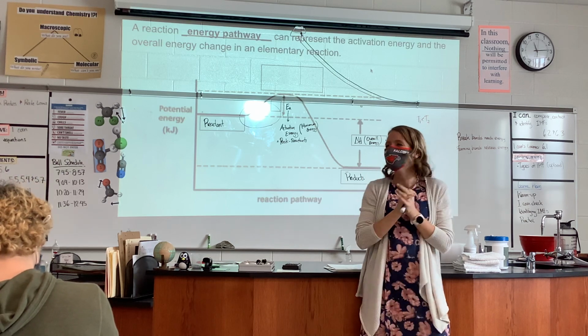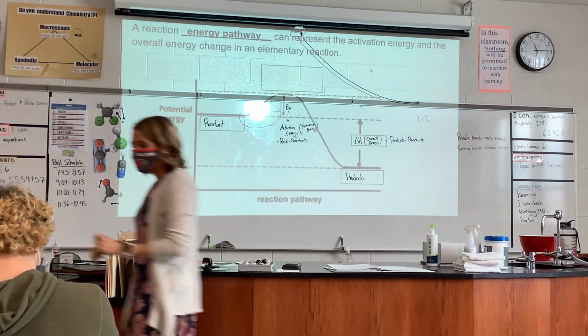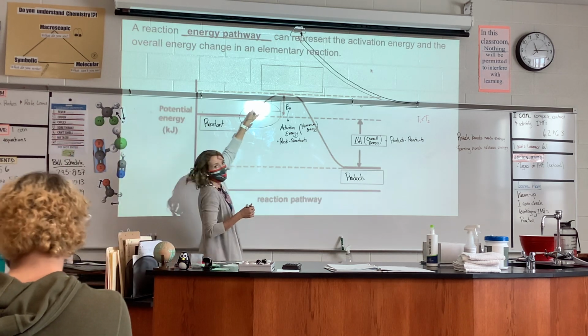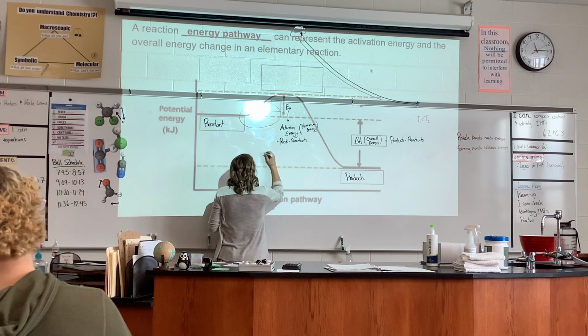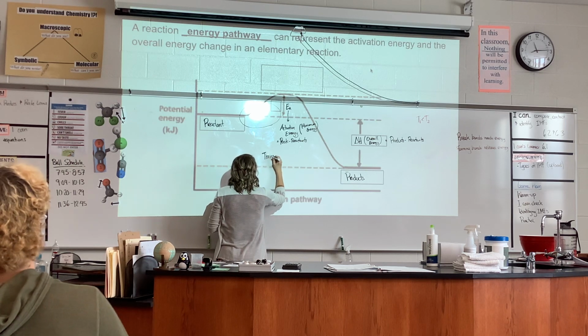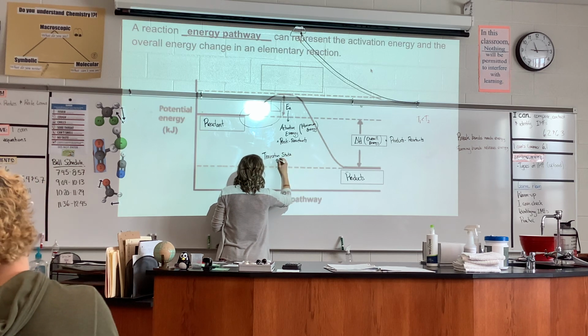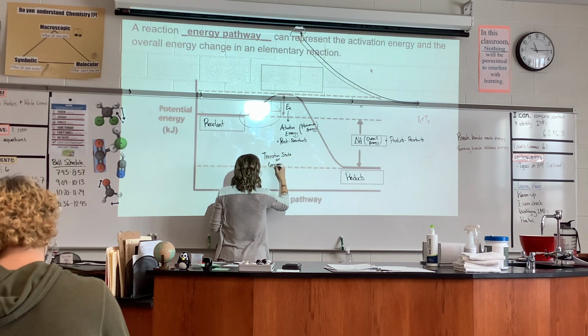Anime. Sorry, Gavin. Okay, now at the top of this hill, an interesting molecule is created, right? In that box up there, we have what is known as the transition state, or the activated complex. Same thing, just two names.